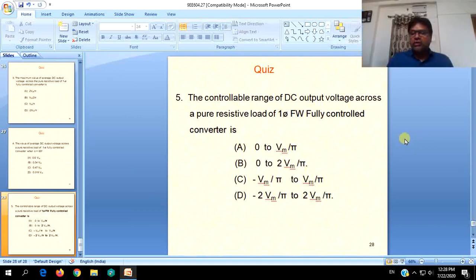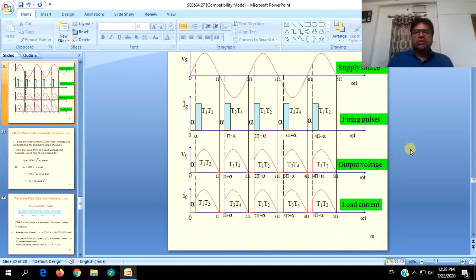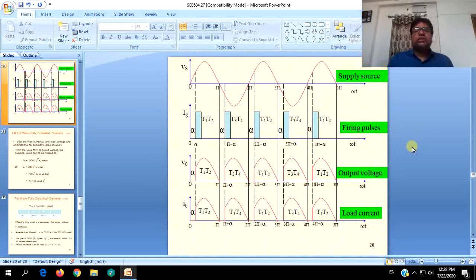So that is all for today's session, where we have discussed single phase, full wave, fully controlled converters, their types, and the working of center tap transformer or midpoint configuration converters, just as an overview.